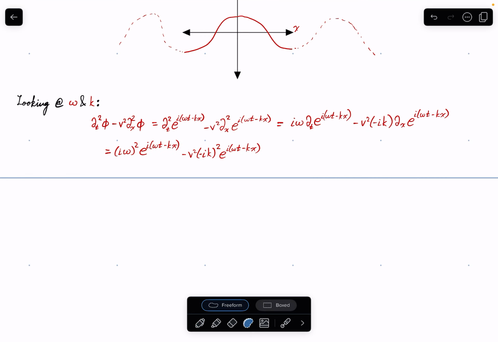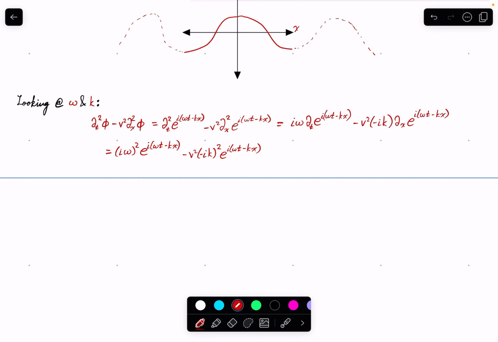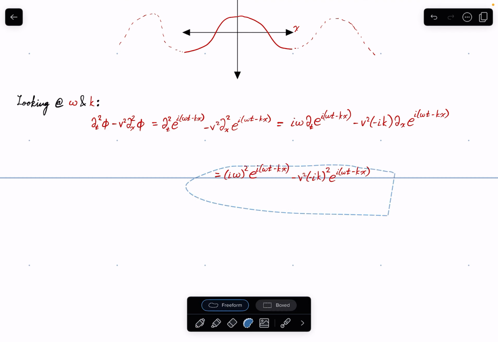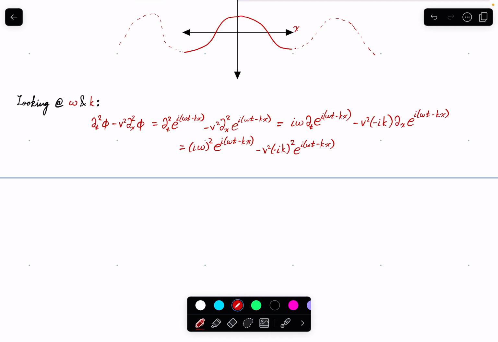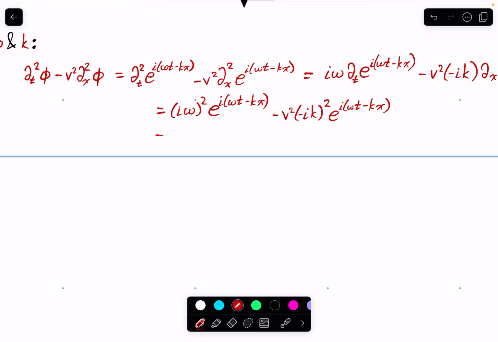We get this, which, all right, let me put this in the middle. It's not a very good put in the middle, but whatever. This is equal to 0 if and only if, so we can imagine simplifying this.